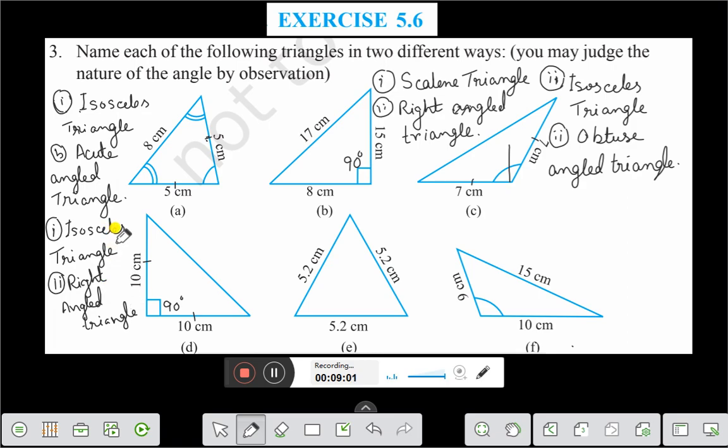Right? And according to side, it is known as isosceles triangle. And according to naming of triangles according to angle, it is known as right angle triangle.